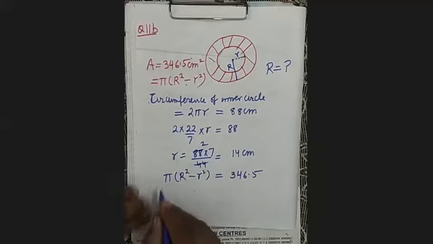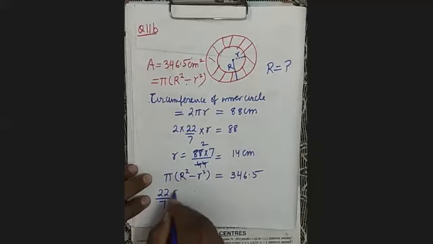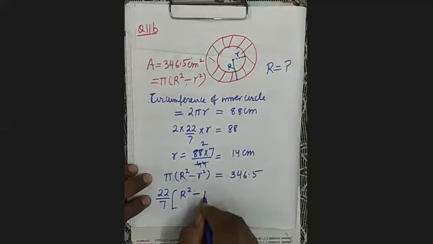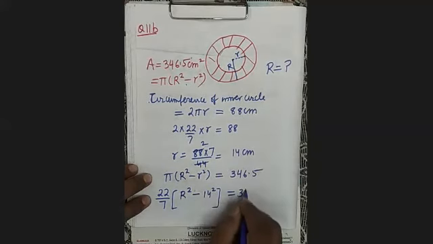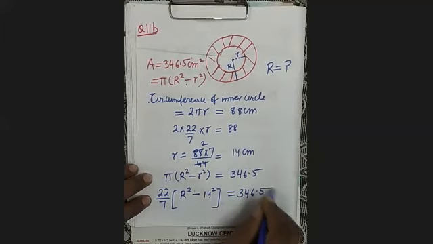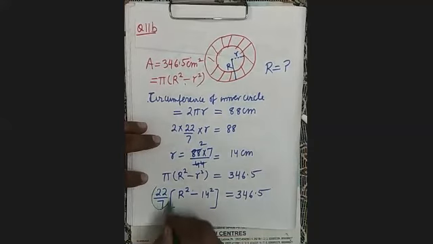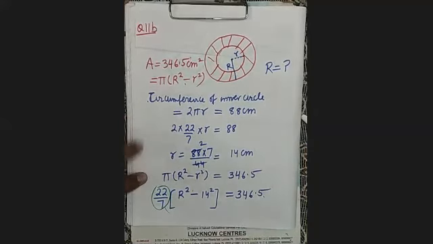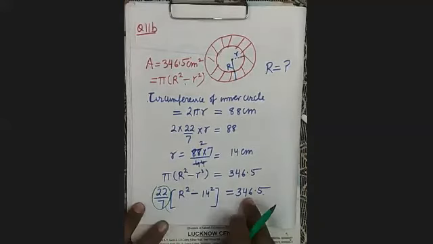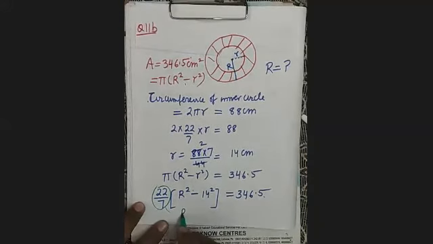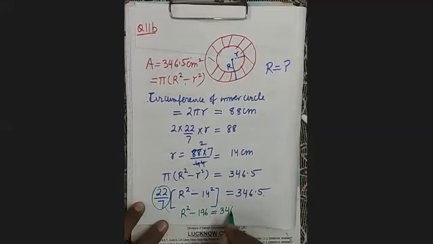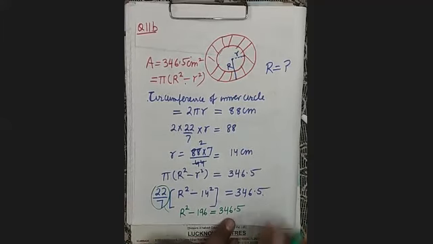So I am substituting it 22 upon 7, capital R square minus small r square 14. So it is 346.5. When you will take this thing 22 upon 7 in the other side, ये क्या हो जाएगा? रेसिप्रोकेट होके मल्टीप्लाई हो जाएगा. It will reciprocate and multiply. So 346.5 into 7 upon 22.